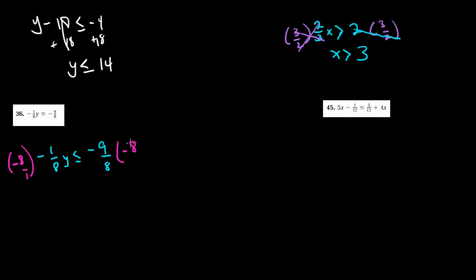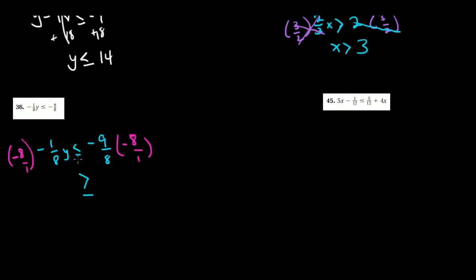Because we multiplied by a negative, we have to flip our inequality. Even if our product was negative, that isn't what matters. What matters is that we are multiplying by this negative 8. Those will cancel, and a negative times a negative is a positive y. That's the whole point of what we did. And those will cancel, and a negative times a negative is a positive 9.